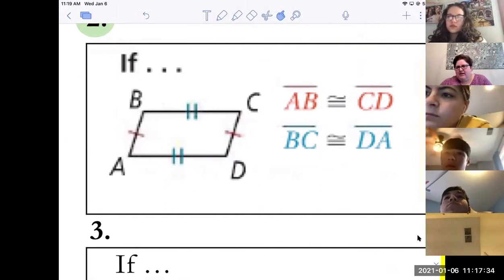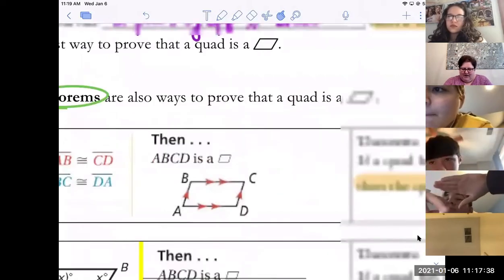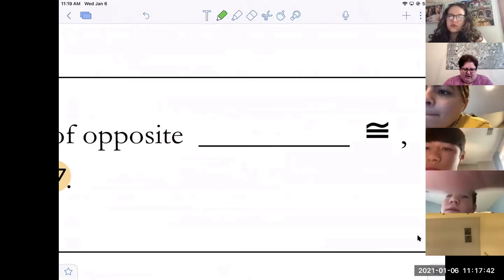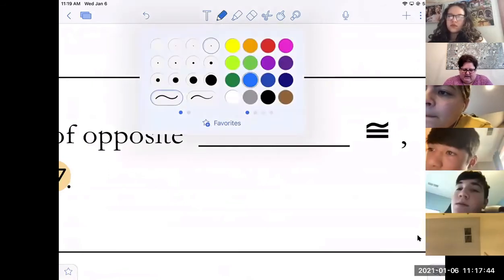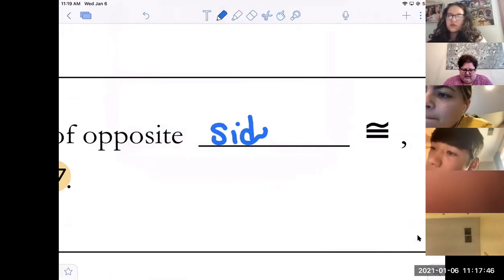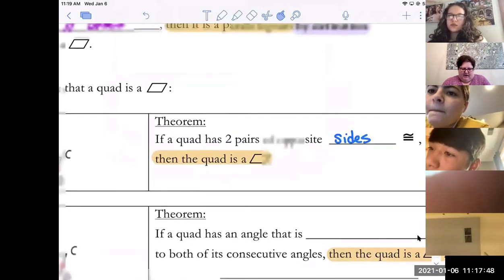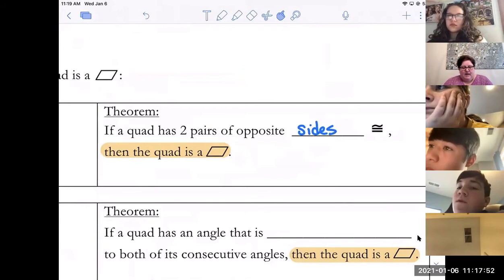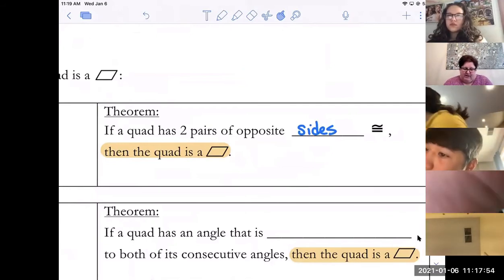What is it showing? Congruent. Yeah, congruent. If a quadrilateral has two pairs of opposite sides that are congruent, then the quad is a parallelogram. Okay. And again, you can say opposite congruent sides, but you have to say two pairs and you have to say opposite.